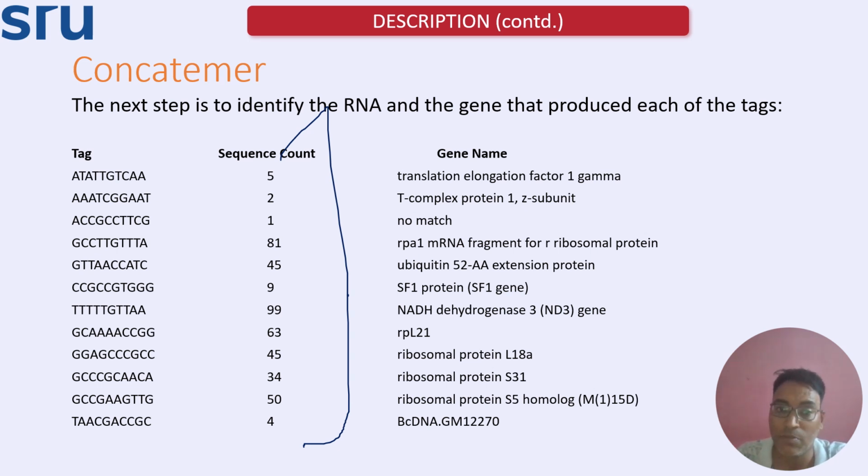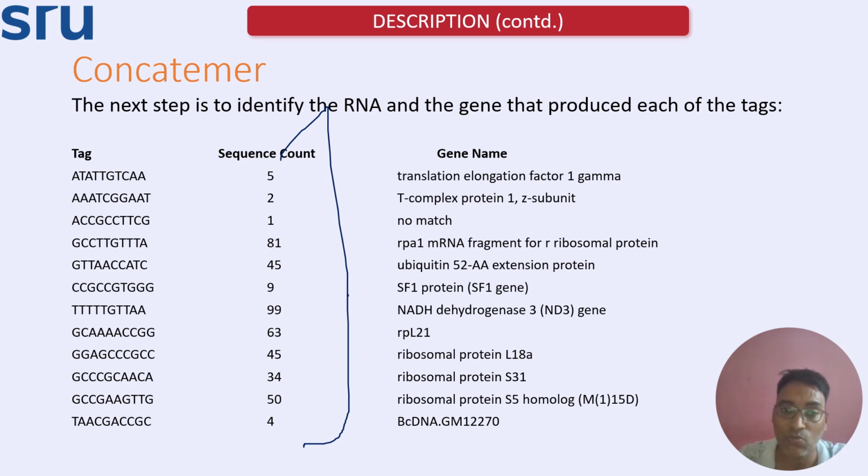We check. See, transcription elongation factor 1 gamma, T complex protein 1 subunit zeta, no match. We could not find a match for this. See, RPA1, RNA segment, ubiquitin protein, SPSF1 protein, NADH dehydrogenase, RPL21 ribosomal protein, L18A, ribosomal protein S31, ribosomal protein S5, homolog M1, and BGDNA GM12270.